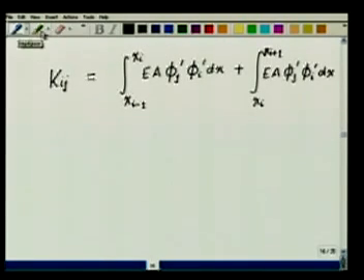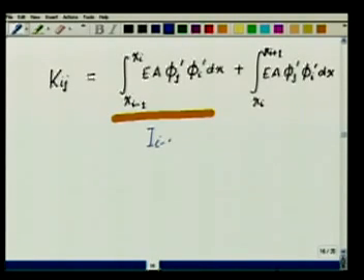If I highlight this, this is going to be the element contribution coming out of element I minus 1.